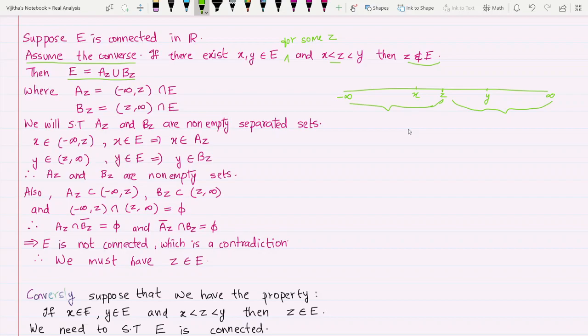Then we can see that E is the union of these two sets. If you take the union, you will get E.